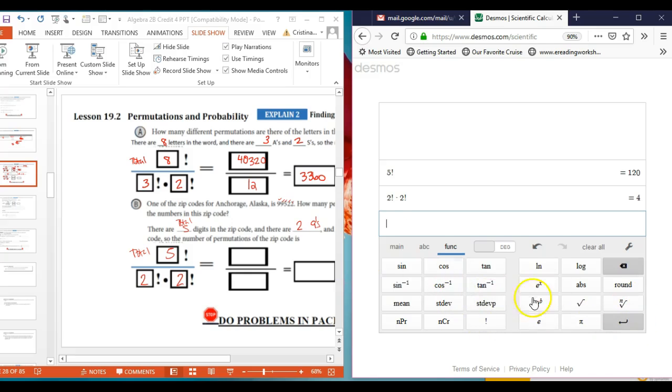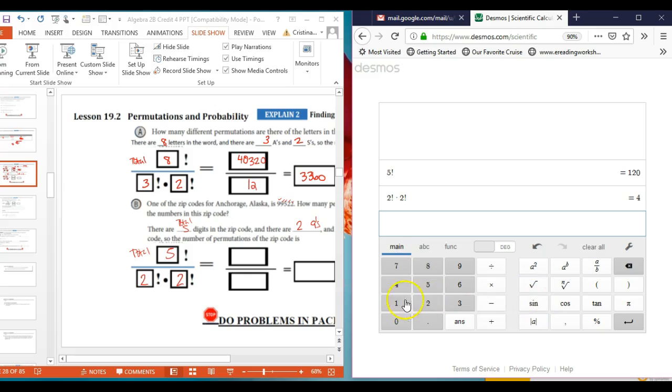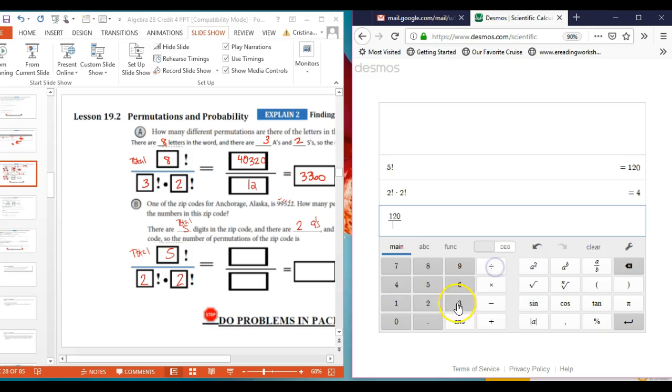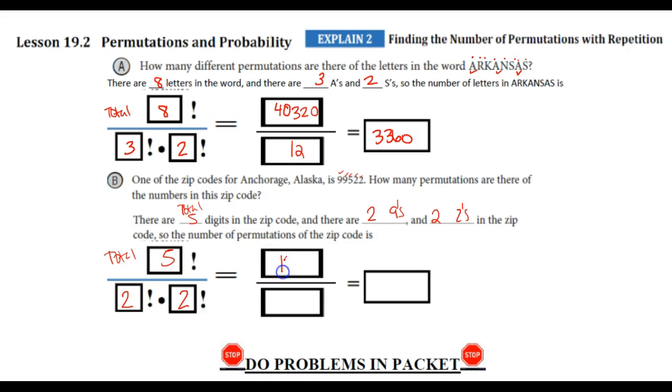If we work that out, that would be 120, which is our 5 factorial, our numerator, divided by 4, which is about 30. So let's go ahead and record that on our page here. I recorded our response of 5 factorial of 120, and 2 factorial times 2 factorial was 4. Divided that out and that would be 30.